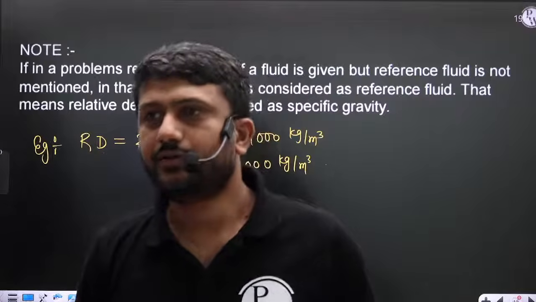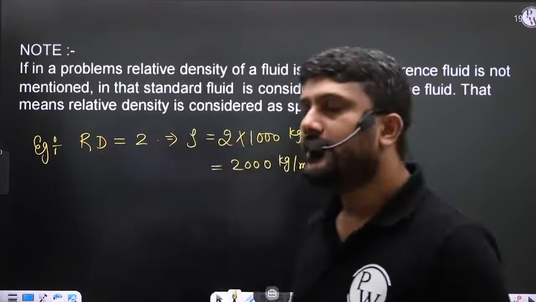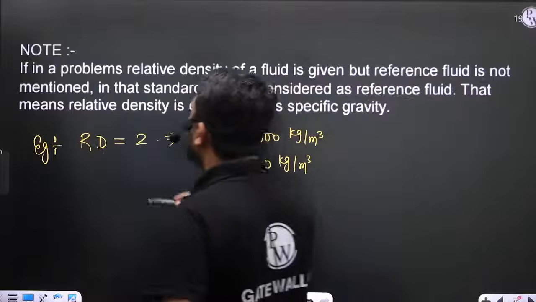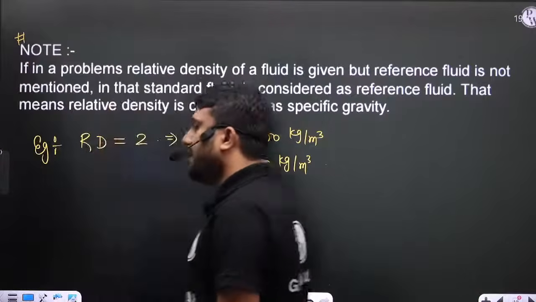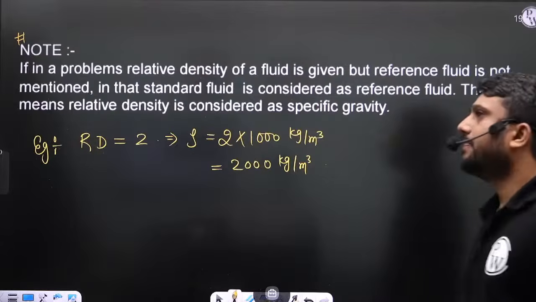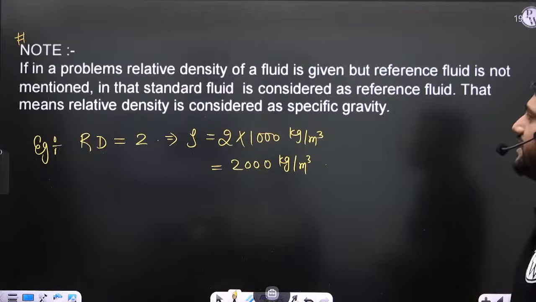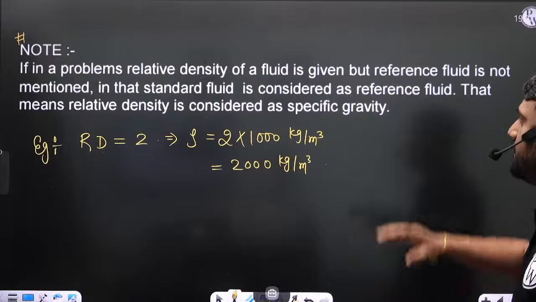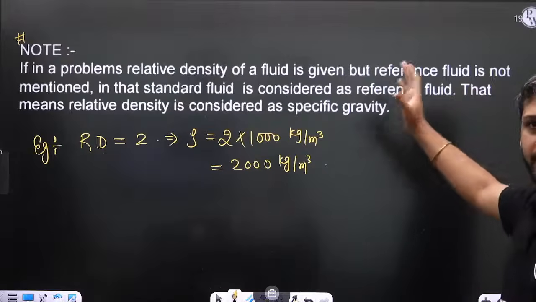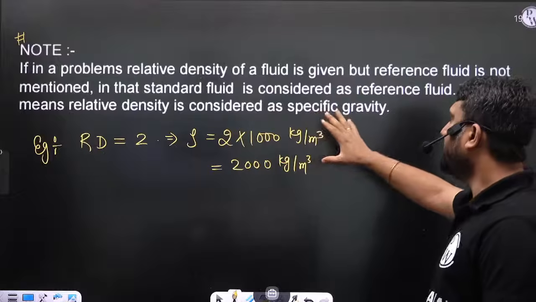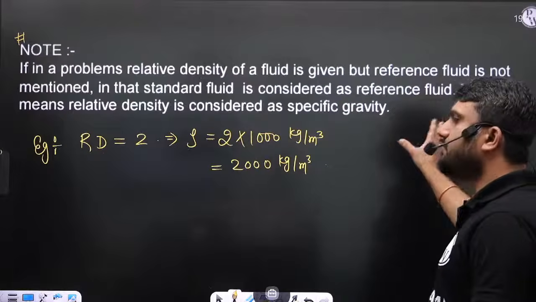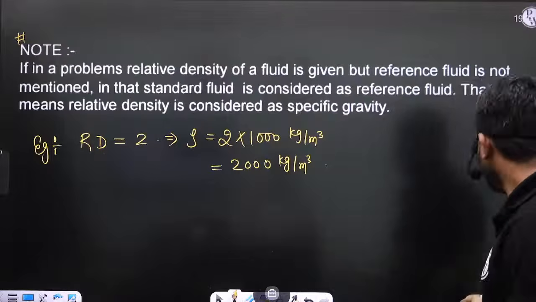Is it clear to everyone? This is a very, very important point. If relative density is given in the problem, but the reference fluid is not mentioned, then standard fluid is considered as a reference fluid. And what is the standard fluid? We already discussed.